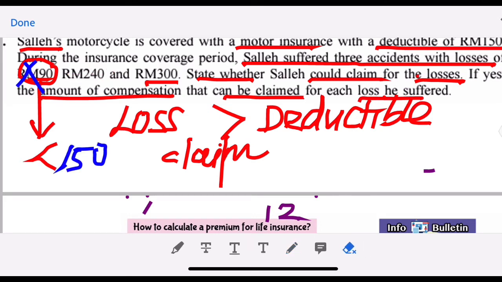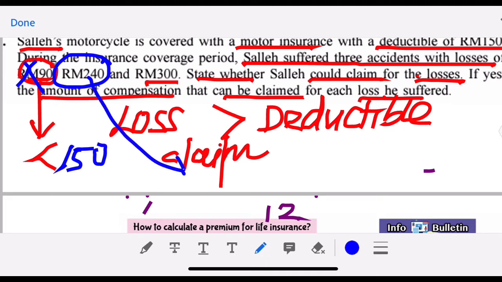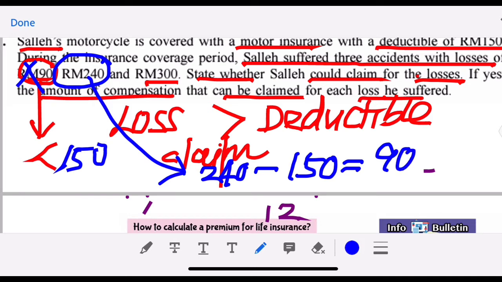So for 240, yes, it can be claimed, and the amount that can be claimed is 240 minus 150. So the answer is a simple answer, right? Just 90. So that means Saleh can claim 90 ringgit. Of course, for 300, Saleh can claim quite a lot.